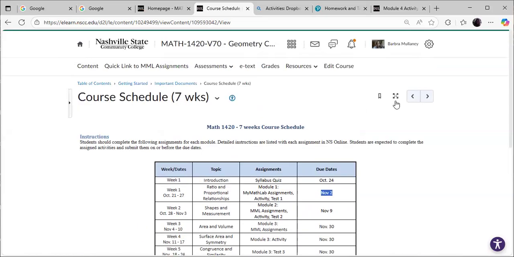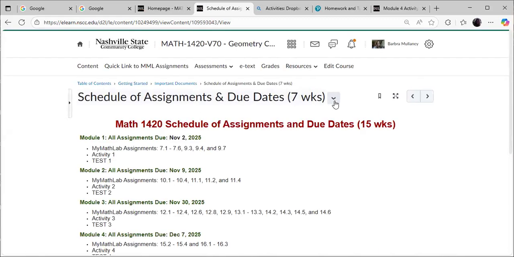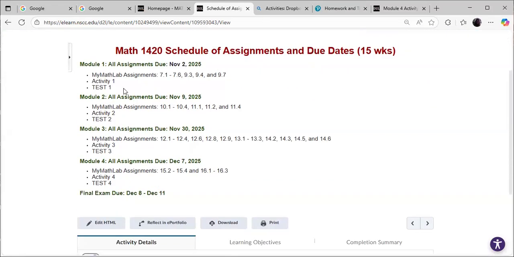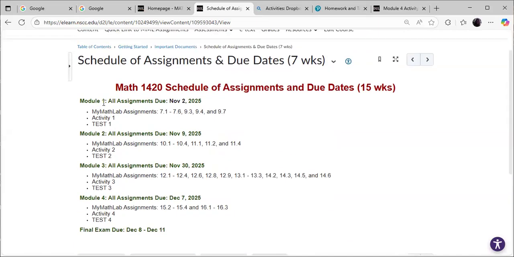Now, I'm going to go one document over so that you can see the schedule of assignments and due dates. Print this off. So all of module 1 is due by November 2nd.